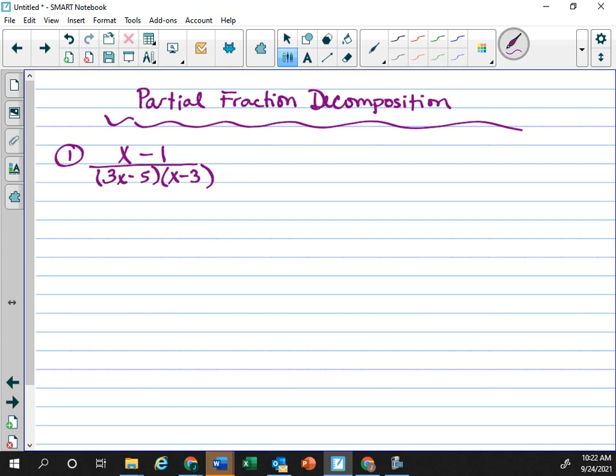You guys have done adding and subtracting fractions where you have to find a common denominator. This is the reverse of that. We have these fractions that have been combined. You're going to work backwards to what the two fractions originally were that were added together to create this fraction.